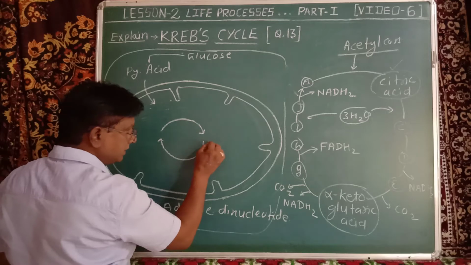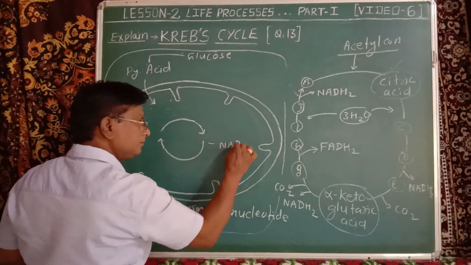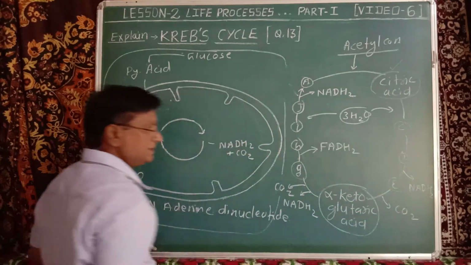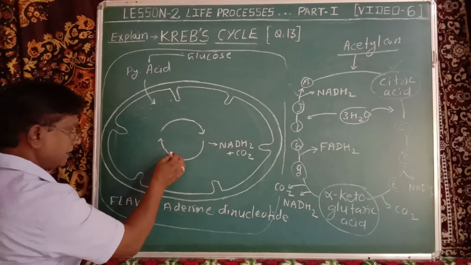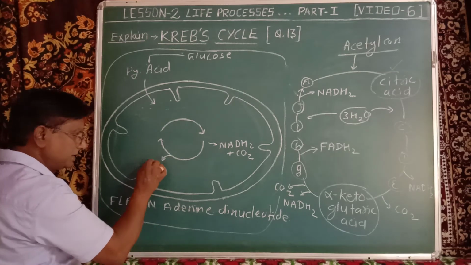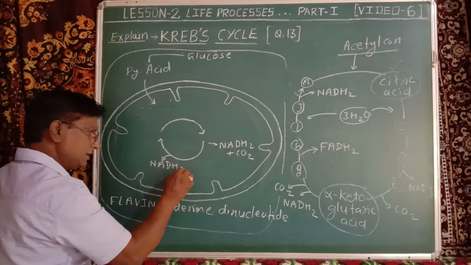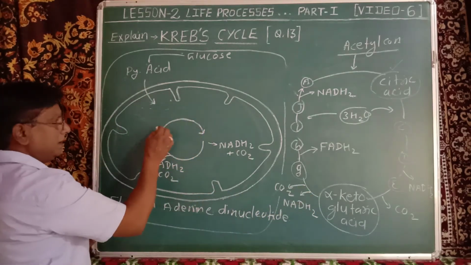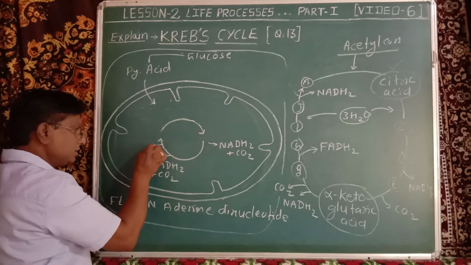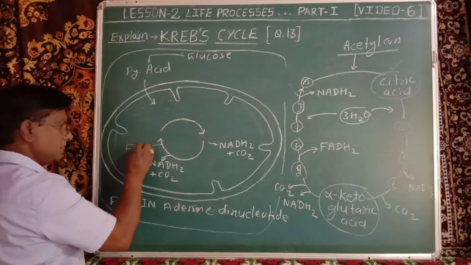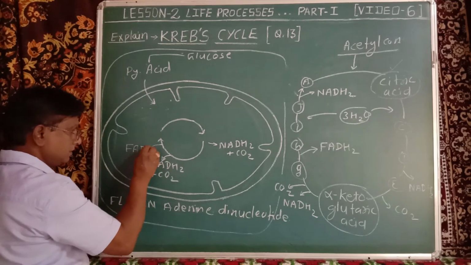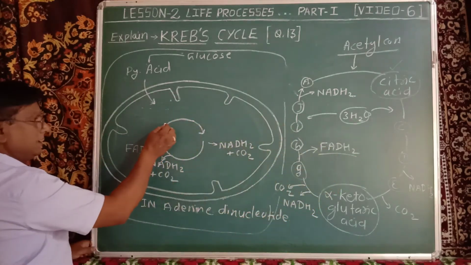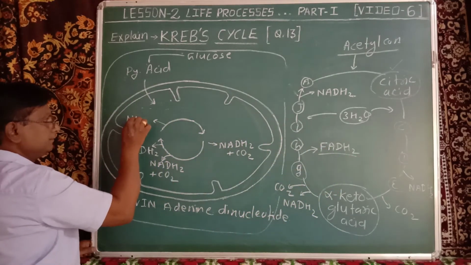Here it is given NADH2 plus CO2, that you can understand NADH2 plus CO2 released out. Here again it is given NADH2 plus CO2, again NADH2 plus CO2, and again one FADH2 is released out, and again one NADH2 is released out.